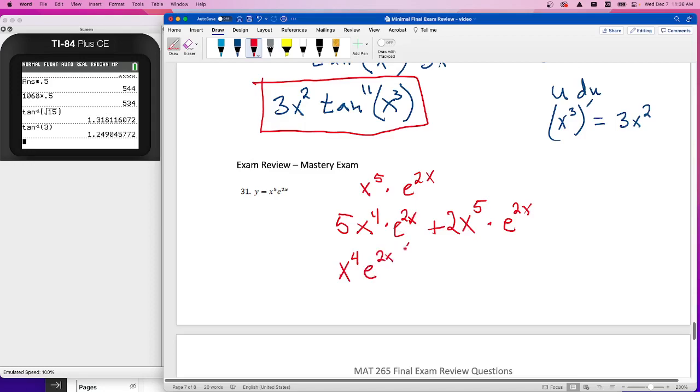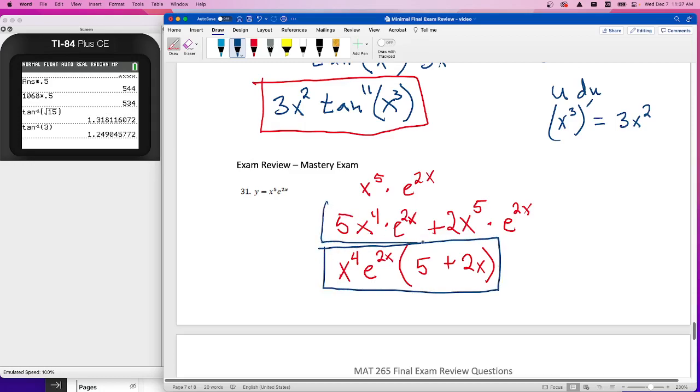Then what's left, in the first term, is 5, and in the second term, there is a 2x left. Both of these are correct answers. The thing is, on a multiple choice test, you have to be able to identify which one is being used. They may use this one, or they may use this one. They're both correct, but be able to recognize them.